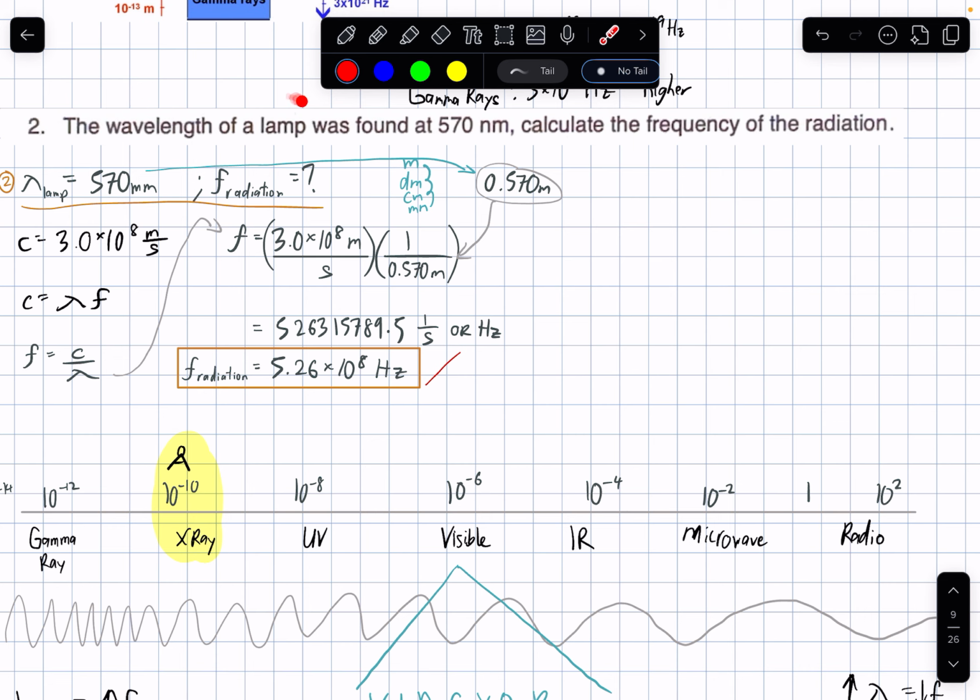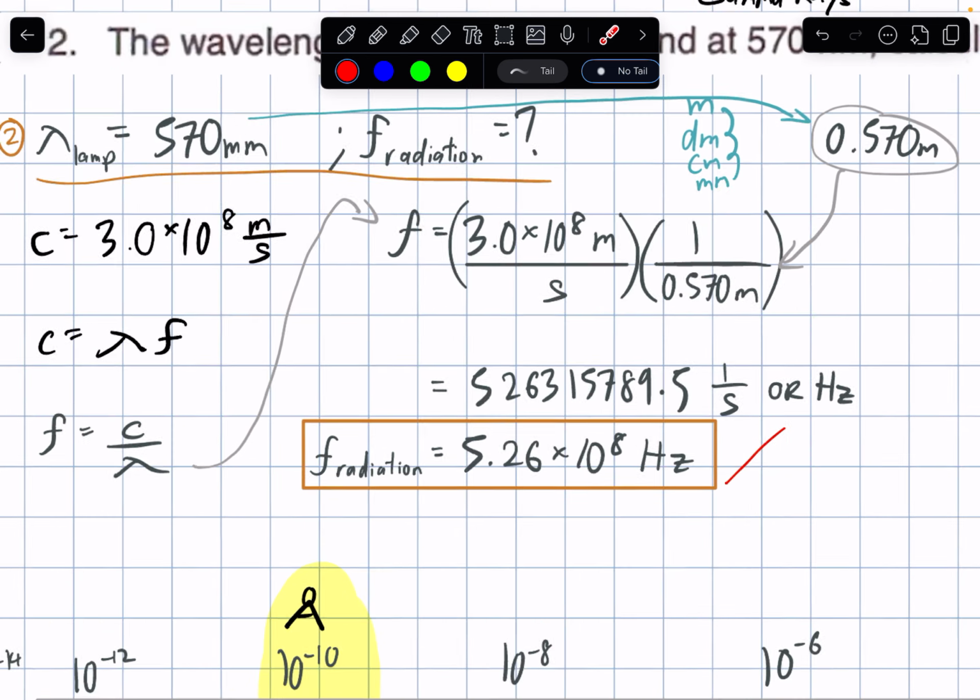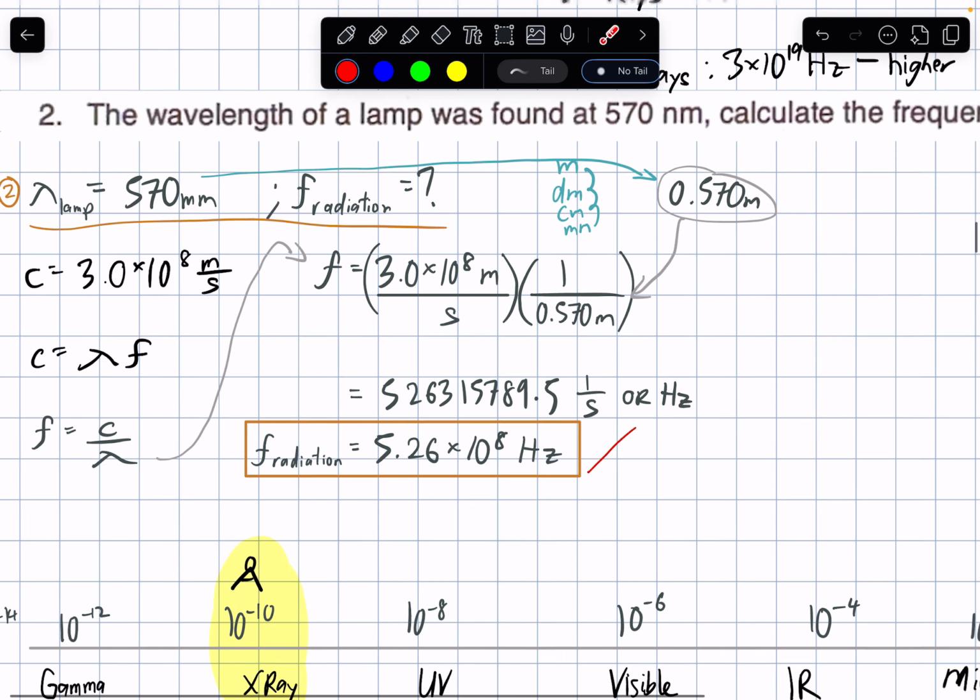Okay, what's this question? A wavelength of a lamp was found at 570 nanometers. Calculate the frequency. So what was the formula that I used here? The frequency abbreviation earlier is V. V or F, either way, as long as the formula is the same, the only difference is the letter that represents that value.